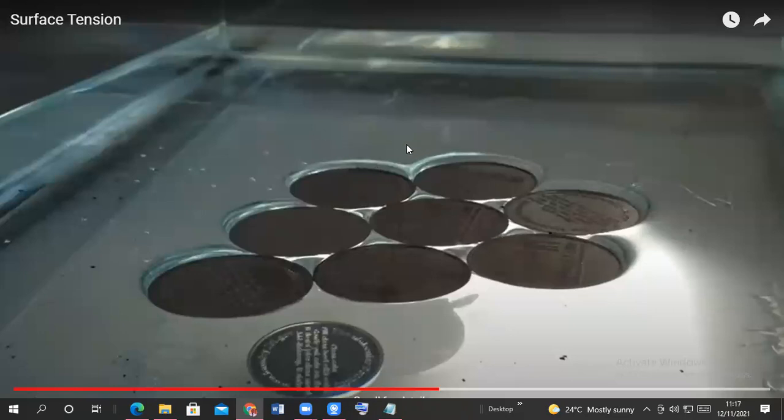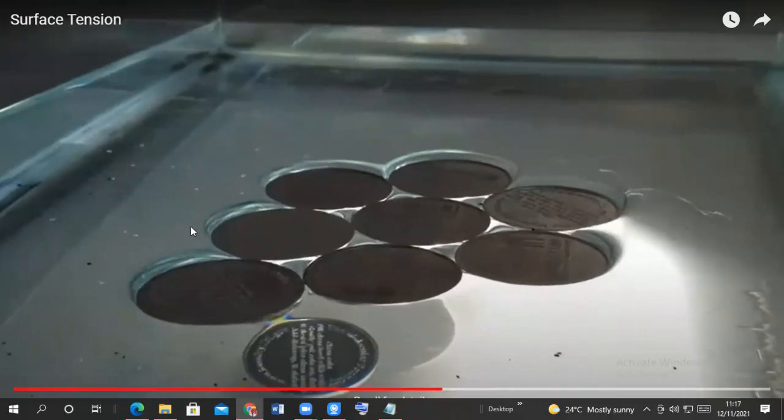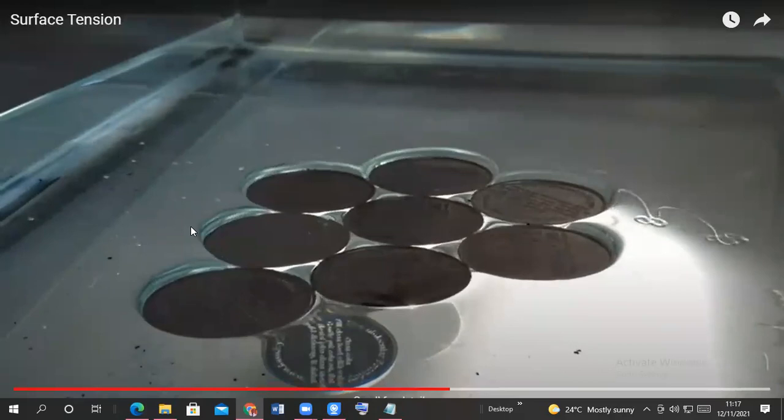So surface tension makes the surface of the water behave as if it has a thin elastic membrane or elastic skin, such that any object that is carefully placed on the surface of the water will tend to float on it. That's why human beings may not float on water, because the membrane is thin and elastic.